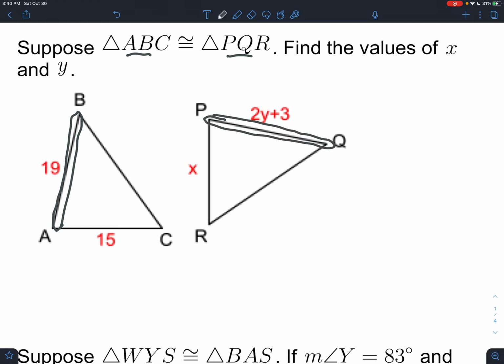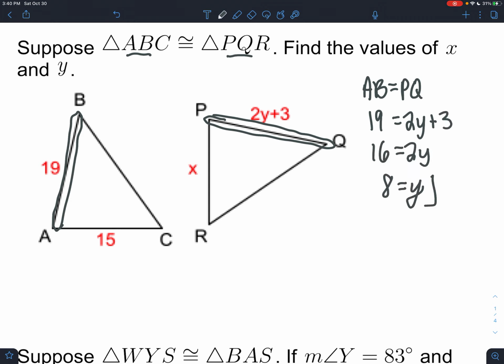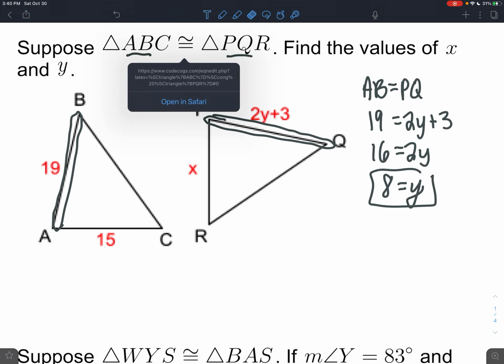These two are the same in length. So AB is equal to PQ. Then just do some algebra and we get 8 is y.